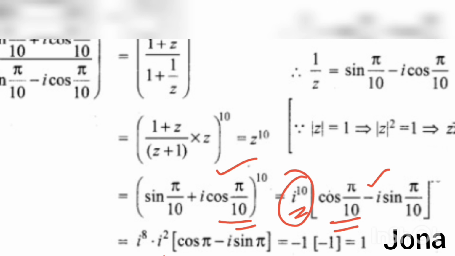I square value is minus 1. And the next one, cos pi by 10 minus i sin pi by 10 to the power 10, can be written as cos pi minus i sin pi there. So the sin pi value is 0 and cos pi value is minus 1. So we can write this as minus 1 into minus 1, it's nothing but plus 1 here.